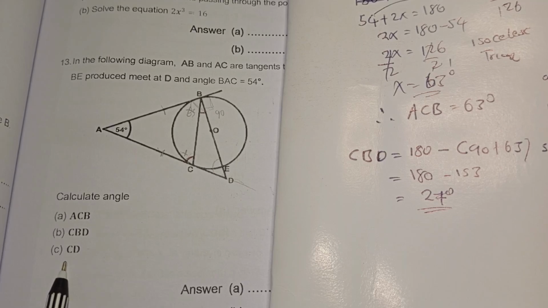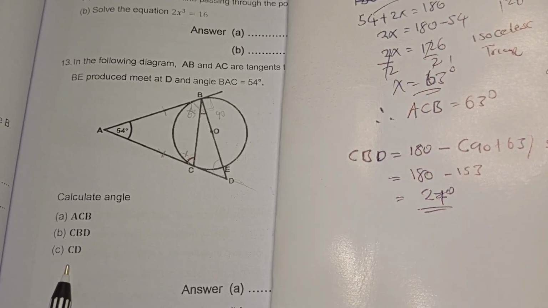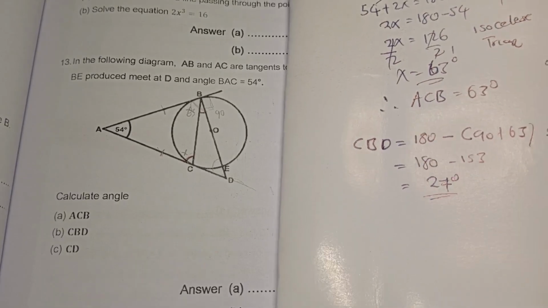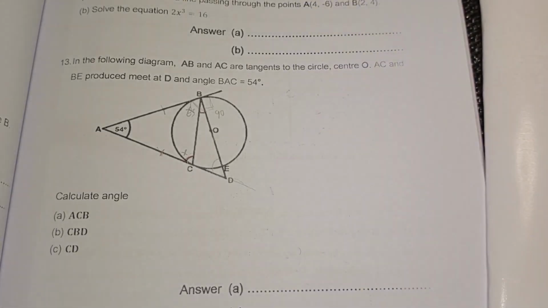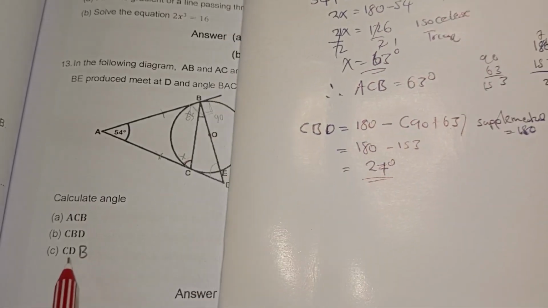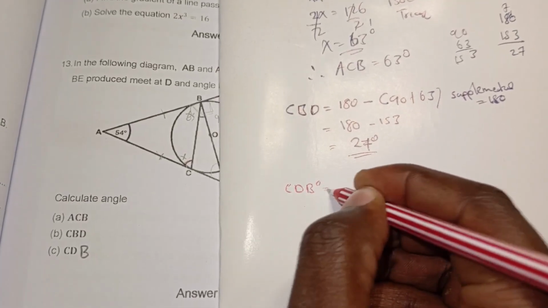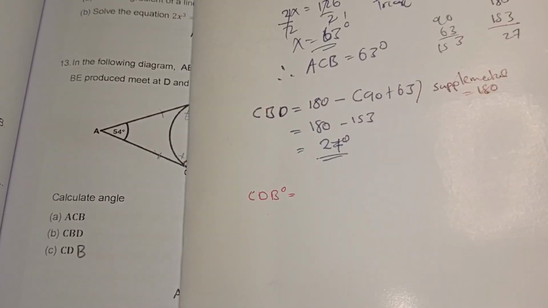Then calculate the last one, CDB. Let me see if I get that correctly. Which one is CDB now? Okay, this one is CDB.